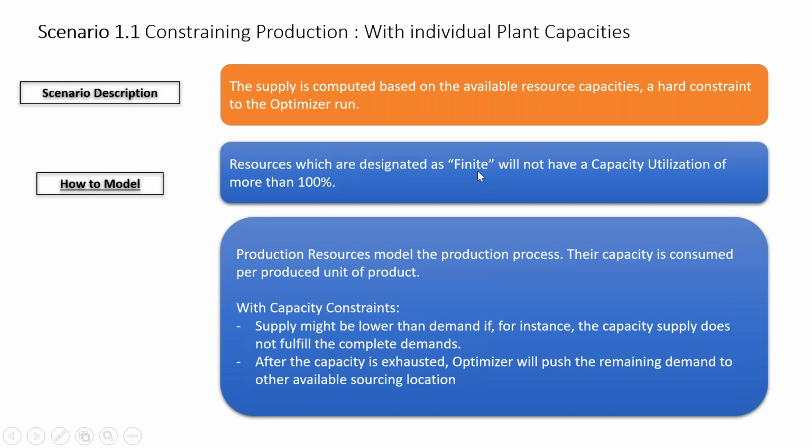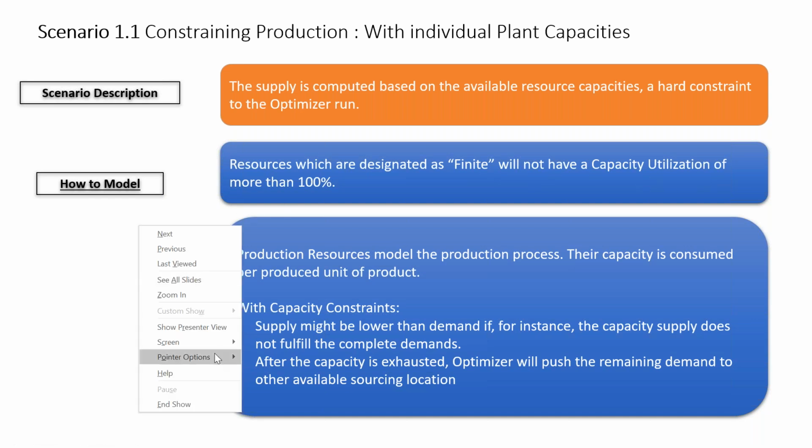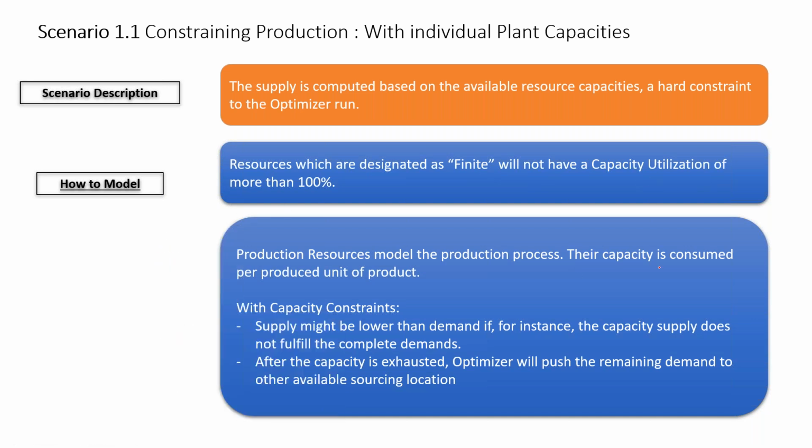Resources which are designated as finite will not have a capacity utilization of more than 100%. With capacity constraints, supply might be lower than demand. For instance, the capacity supply does not fulfill the complete demand. After the supply is exhausted, optimizer will push the remaining demand to the other available sourcing location.